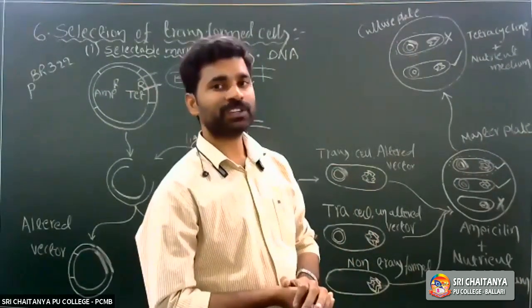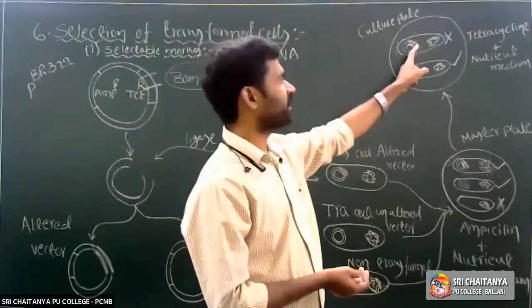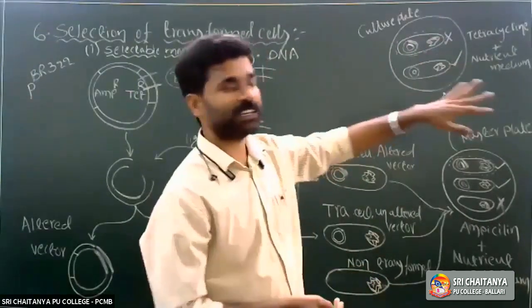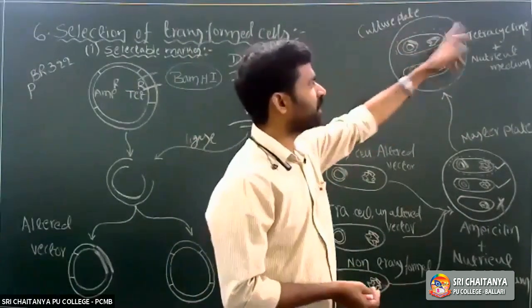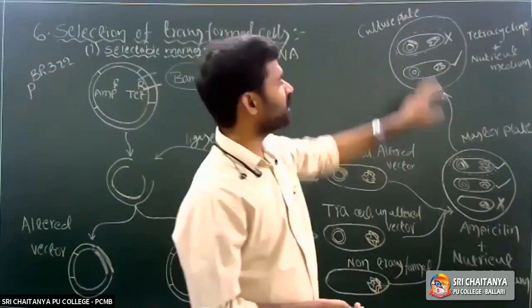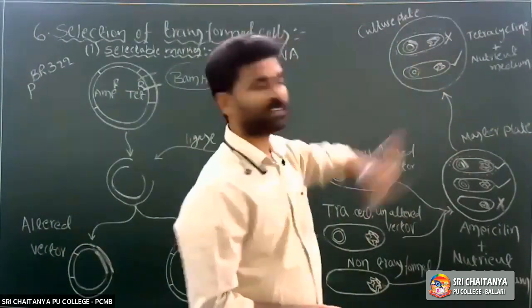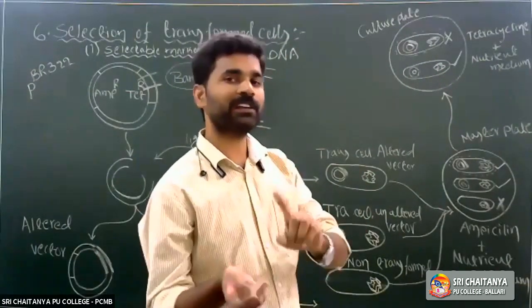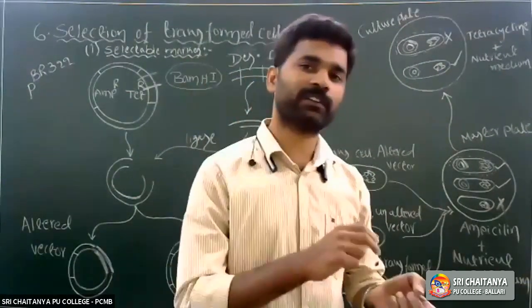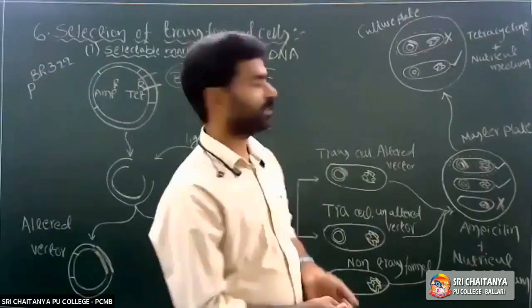Due to insertion of foreign DNA at the place of the tetracycline resistant gene, it is completely inactivated. So it leads to death in tetracycline medium. So which bacterial cells can survive in the culture plate? Only cells containing unaltered vector. Why? Because that unaltered vector has both ampicillin and tetracycline resistant genes, right?